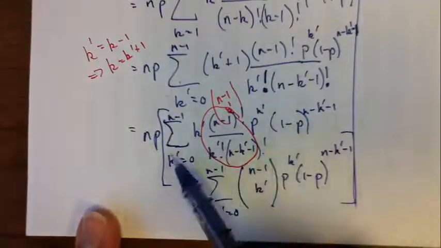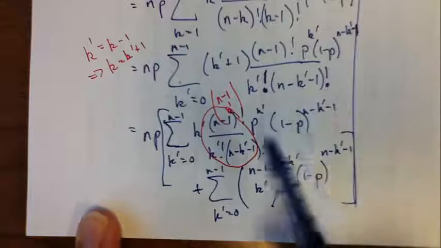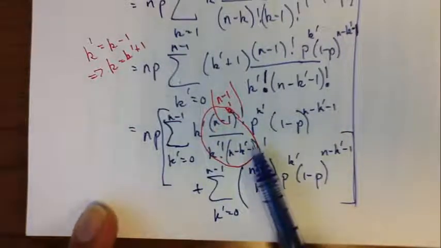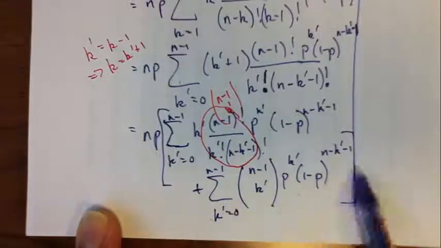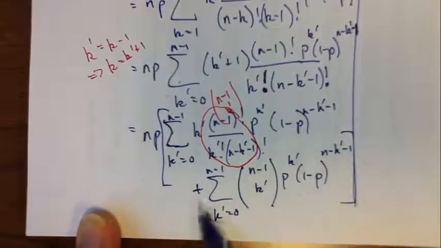All of this first summation here is just the expected value of a binomial random variable with parameters n minus 1 and p. Okay. And this stuff is just 1 by the binomial theorem. Okay.